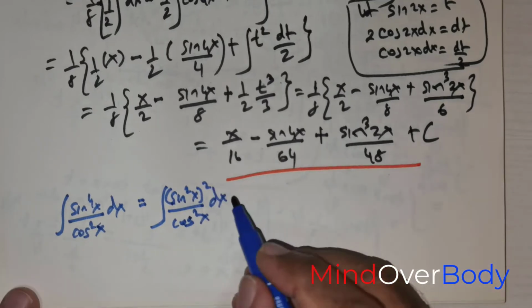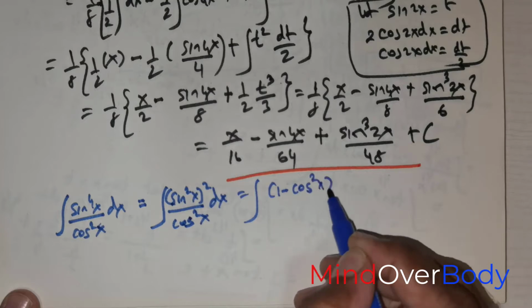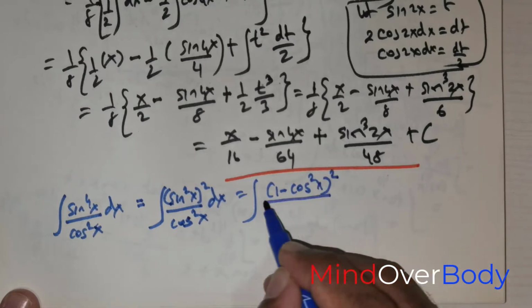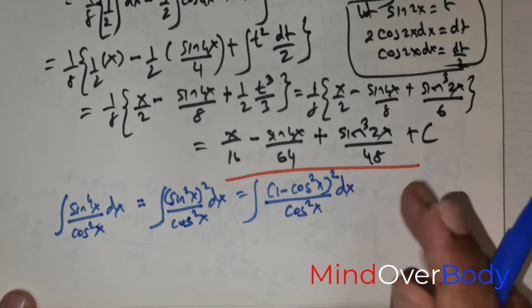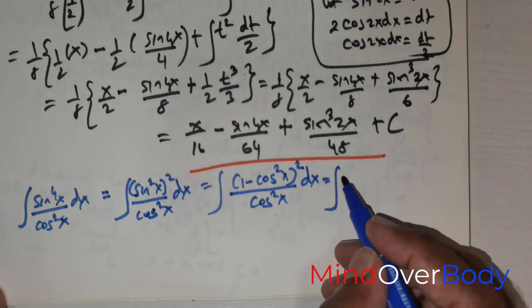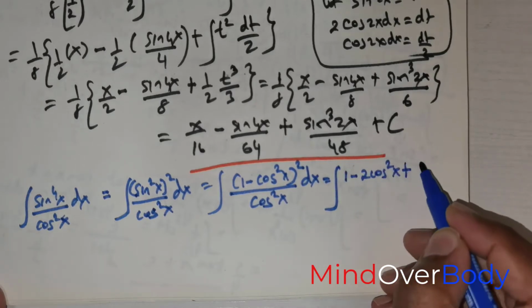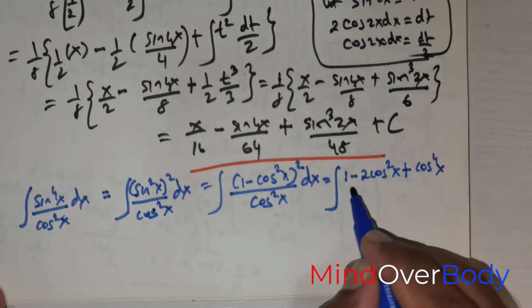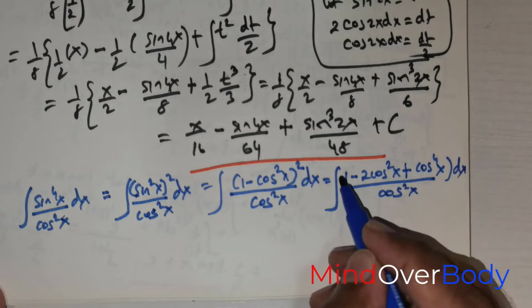Now we know that sine squared x is 1 negative cos squared x, and this has to be raised to the power of 2 divided by cos squared x times dx. Now if I were to expand, this is going to be integral 1 negative 2 times cos squared x positive cos raised to the power of 4 x divided by cos squared x times dx.